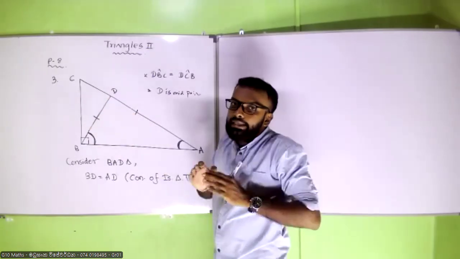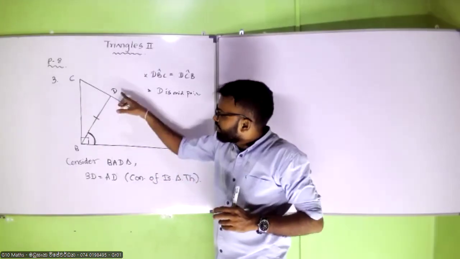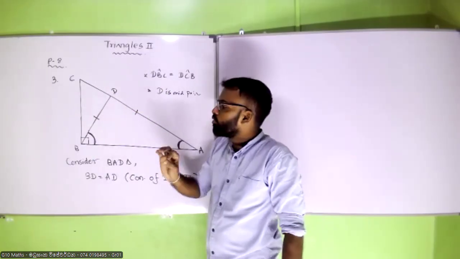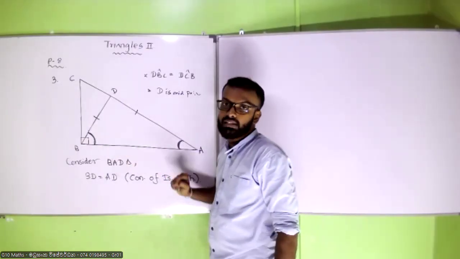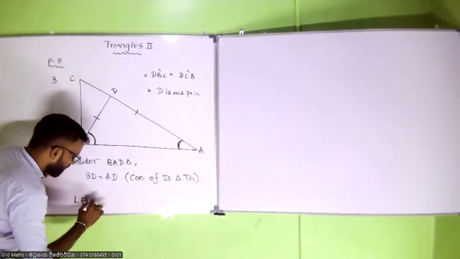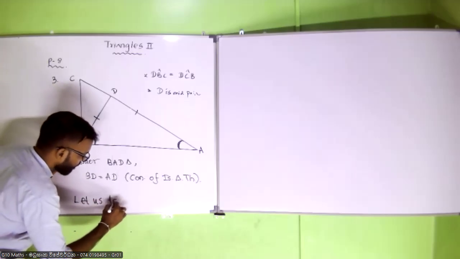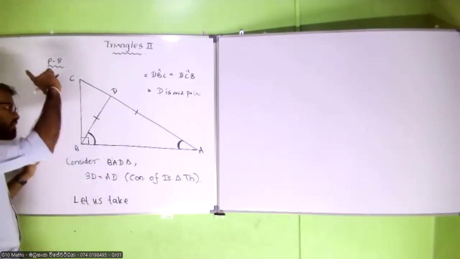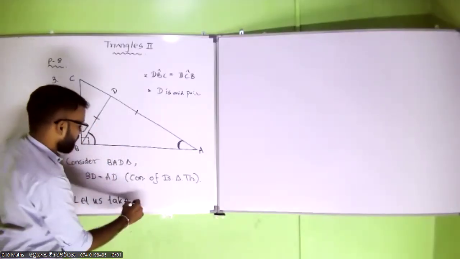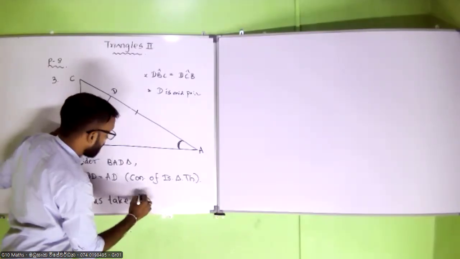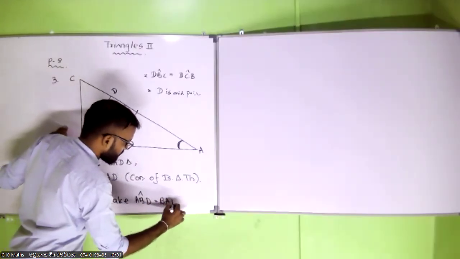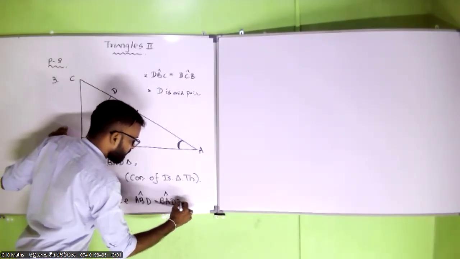So to get rid of writing DBA, BAD, DCB and so on, I am going to make this angle X, this angle X. Let's take, or you can write very easily, assume, the ABD angle equals BAD angle, for the easiness of mind, as X.